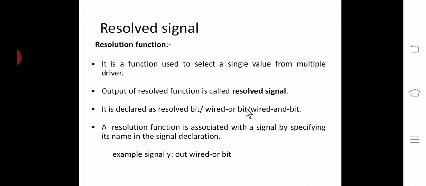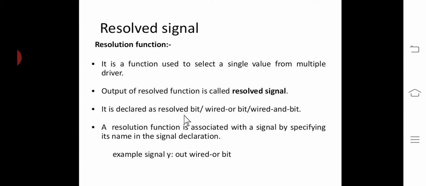But if you want to use this resolved function, we have to declare it as a resolved bit, that is wired OR bit or wired AND bit. In the declaration part, we have to mention this. It is wired OR or wired AND.